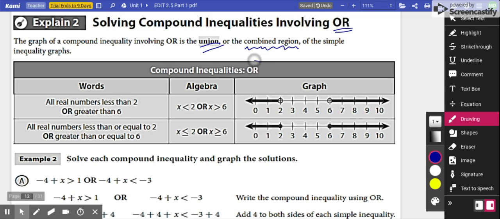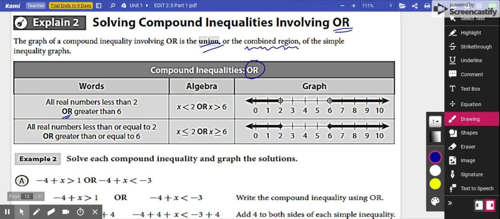So taking a look at our or table here, we have all real numbers less than 2 or greater than 6. So as my equation, I'm going to have x is strictly less than 2 or x is strictly greater than 6. Okay?